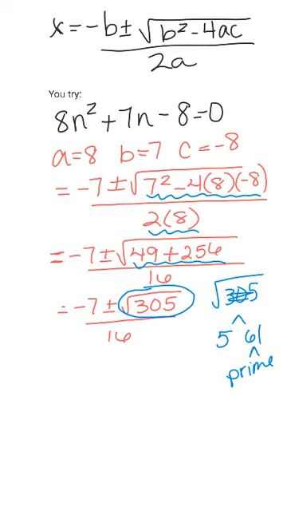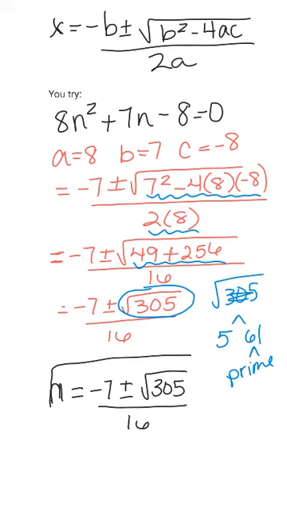So I get to leave my answer as N equals negative 7 plus or minus the square root of 305 divided by 16. I know this answer doesn't look better to you, but there's no rounding. It's not an approximation. So if you're looking for an exact answer with no approximating, no rounding involved, then this would be the most accurate answer.